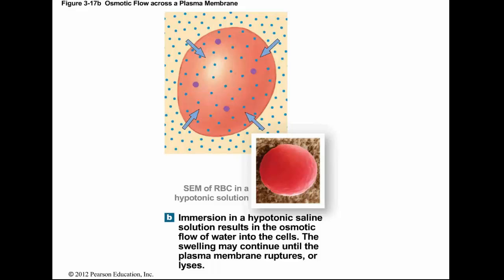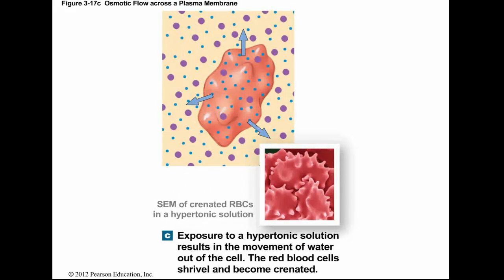If, on the other hand, we put them into a saline solution which has less salt than inside the red blood cell, then water will flow into the red blood cell, and the cell membrane will rupture or lyse, called hemolysis. The final one is a hypertonic, so a high salt solution, and here water will move out of the red blood cells and the red blood cells will shrivel up and become crenated.